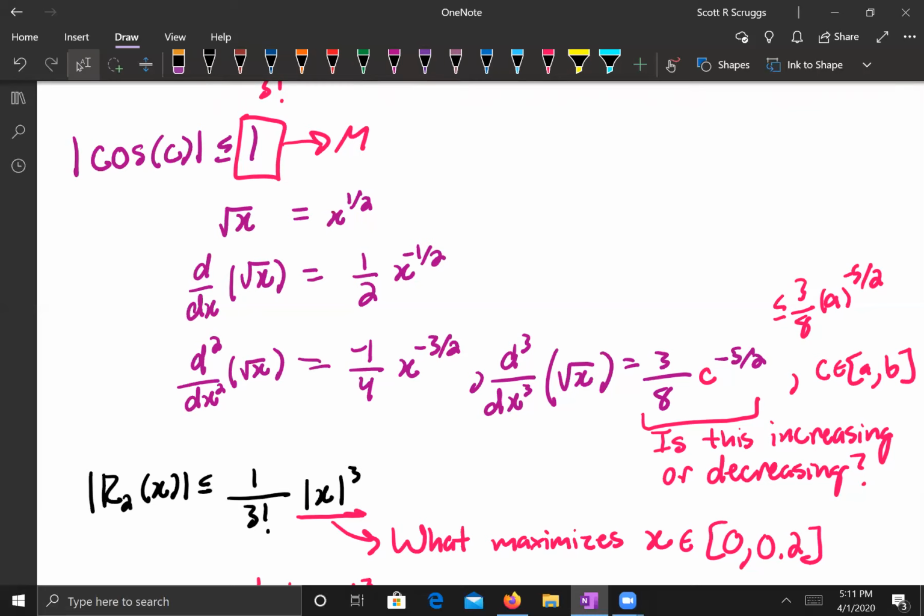Okay, so then to get R4 of x, wait, same R2 process. 0.4 is the same process. So taking the absolute value, that would be less than 1 over 3 factorial times the absolute value of 0.4 cubed. That itself would be less than, okay, we're going to do this again. So 1/6, we're going to use that result, times 0.4 cubed.